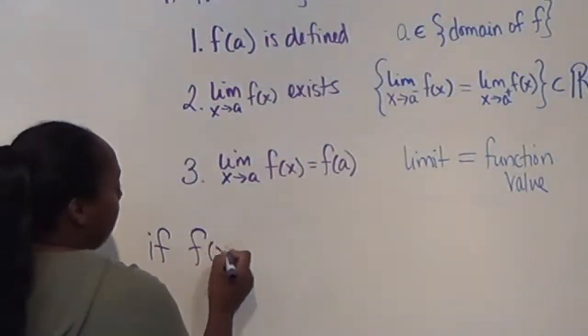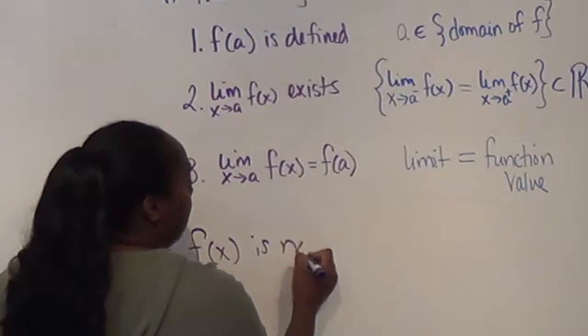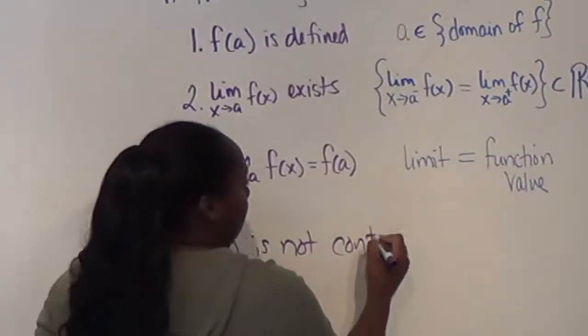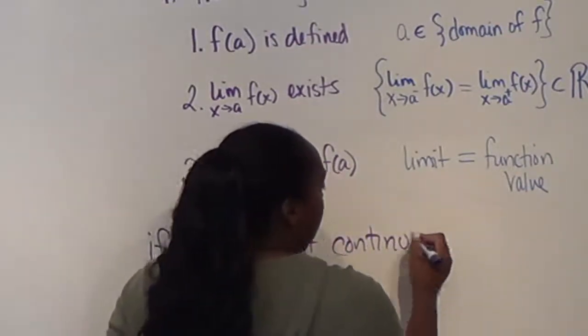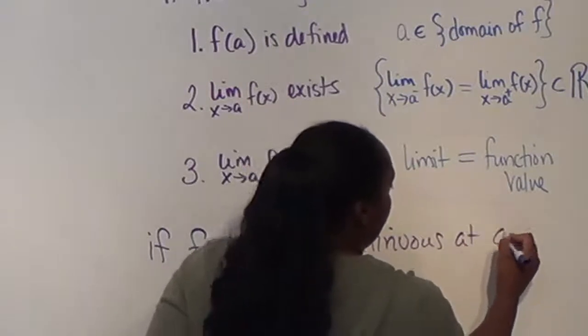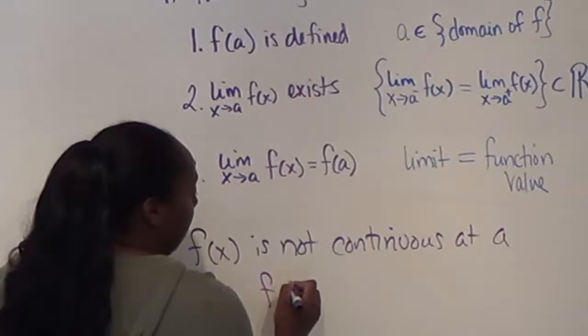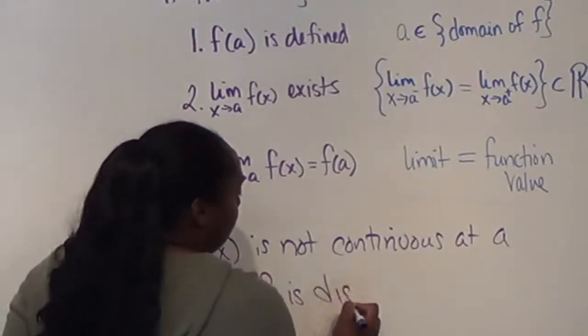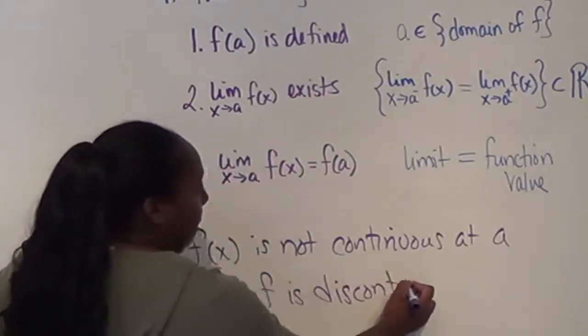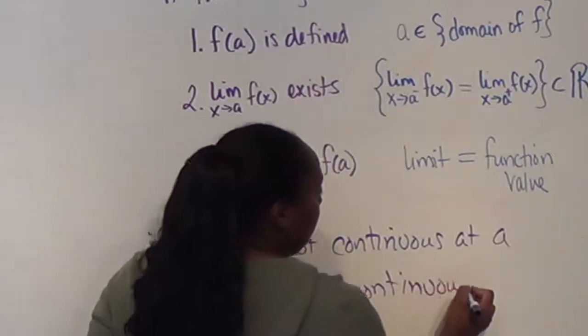If f of x is not continuous at a, then f is said to be discontinuous at a.